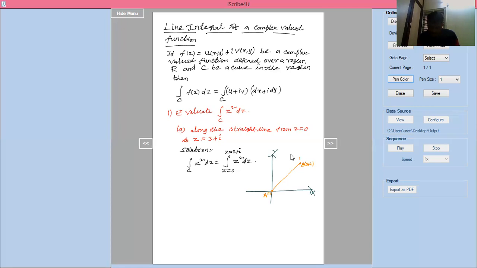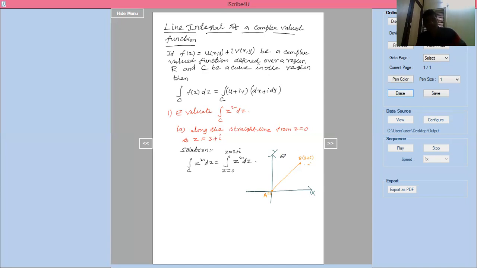Once again, the point B is 3 plus i. X is the real axis, Y is the imaginary axis. In the real axis, the X value should be 3. In the imaginary axis, the coefficient of i is 1.